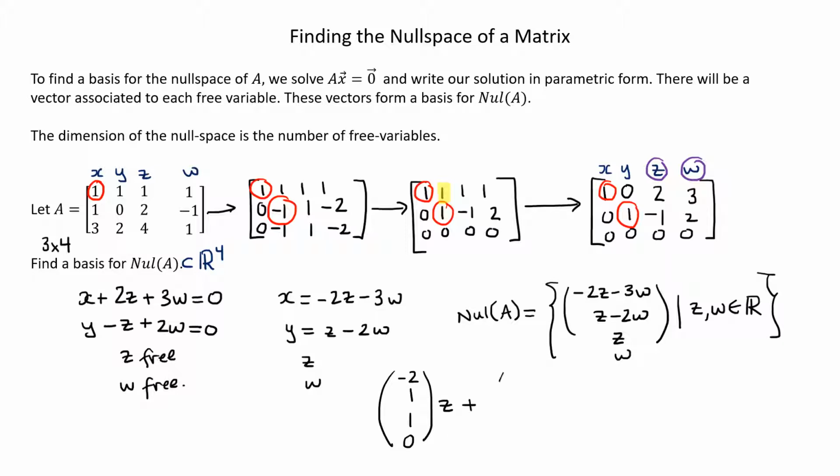I've got -3, -2, 0, and 1 times w. So these are the vectors that are associated to the free variables. These two vectors make up a basis for our null space. And that's it.